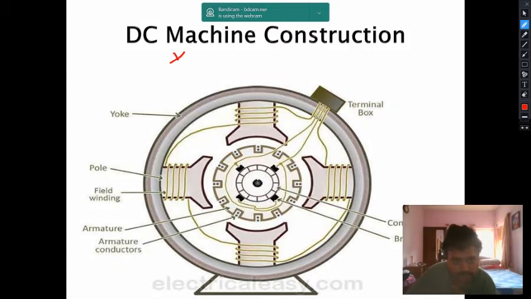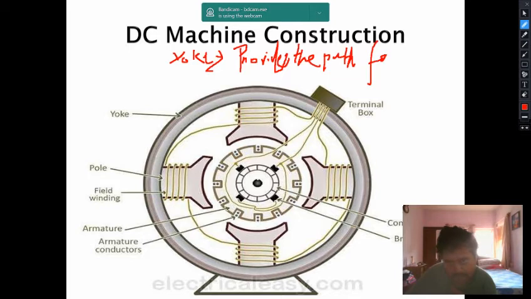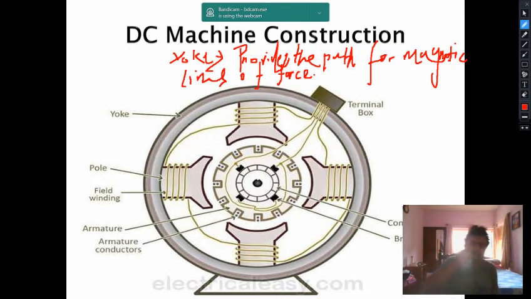The purpose of the yoke is to provide the path for magnetic lines of force. This is the purpose of the yoke.